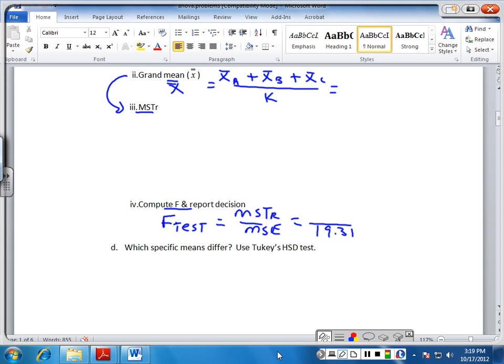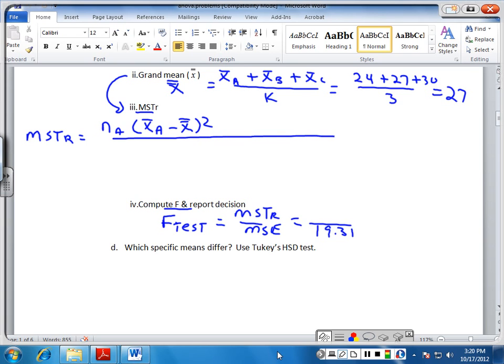In this case, we had sample means of 24, 27, and 30. Divide that by 3, and you're going to get 27. Now the formula for MSTR looks a little nasty, but if we break it down, it's really not nearly as bad as it seems the first time you see it. MSTR is equal to N A times X bar A minus X bar bar squared.